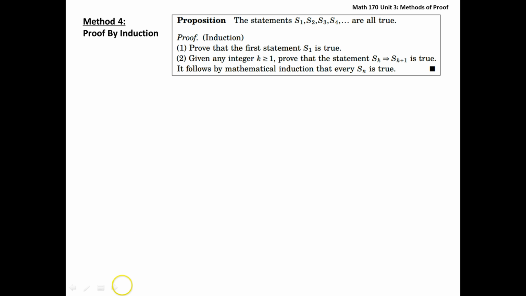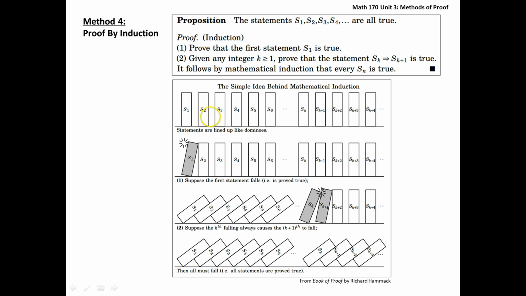The best way to picture this is with a visual. Think of the statements as dominoes, each one standing on its own. We start off by showing that it's true for n equals 1, that starts the chain reaction.